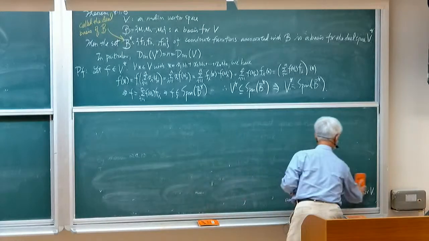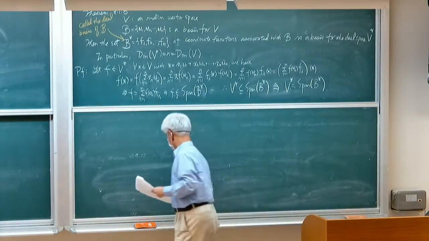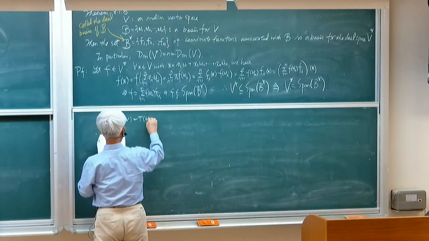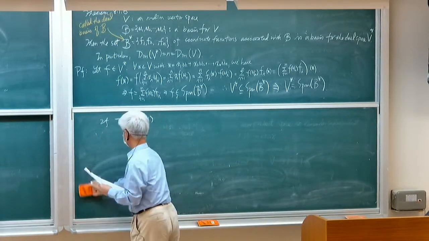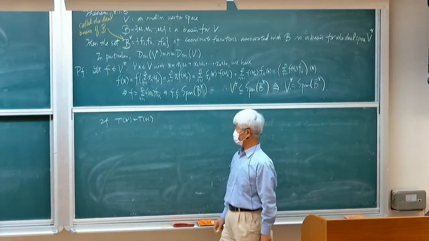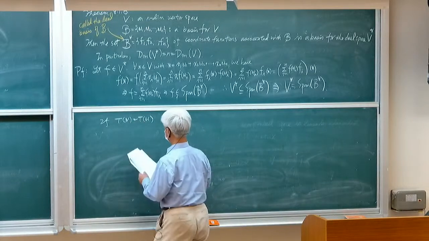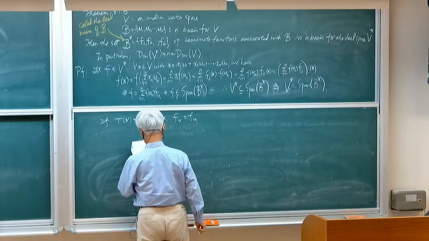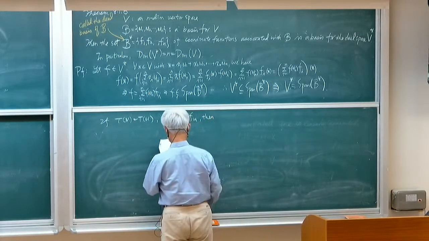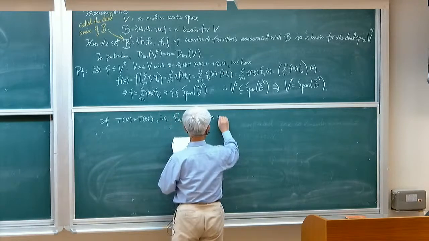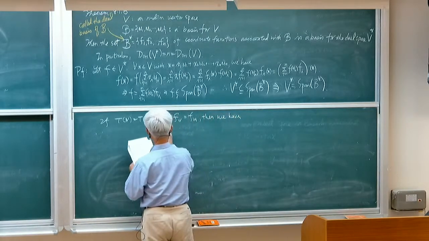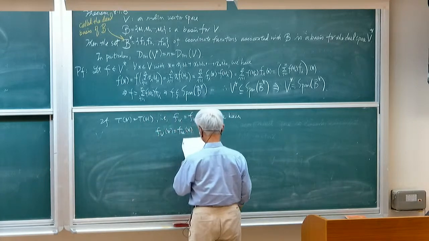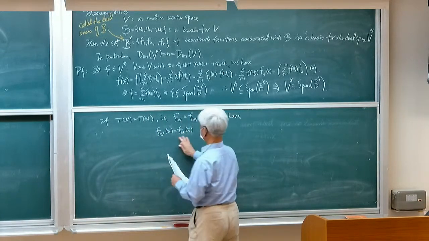Okay, so to show T is injective, suppose that T has the same value at the two vectors u and v, i.e. f_v equal to f_u. Then when we apply these functions, it will be the same.